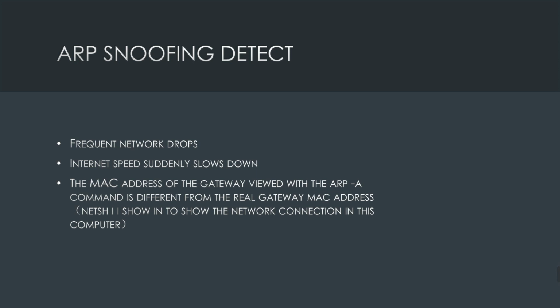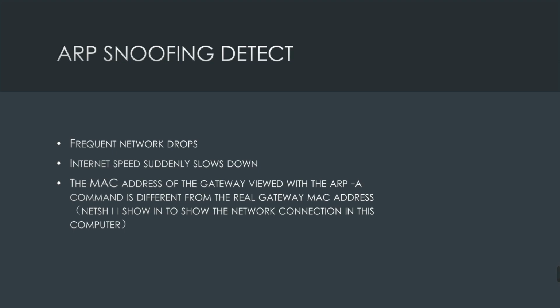And the third method is if the MAC address of the gateway viewed with the ARP command is different from the real gateway MAC address, then your computer is definitely under an ARP spoofing attack.